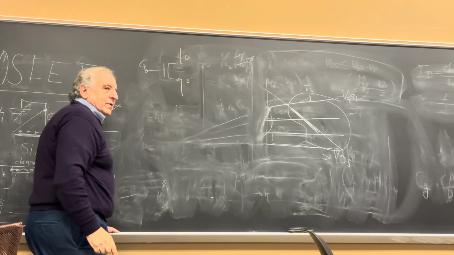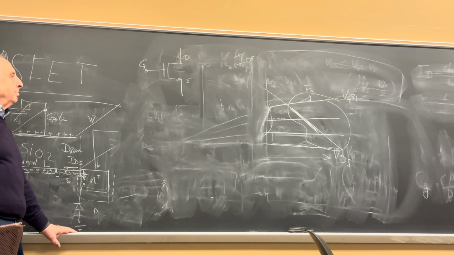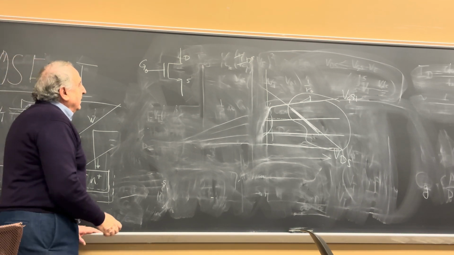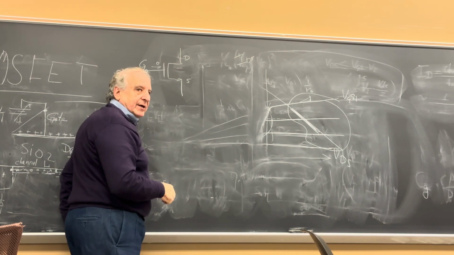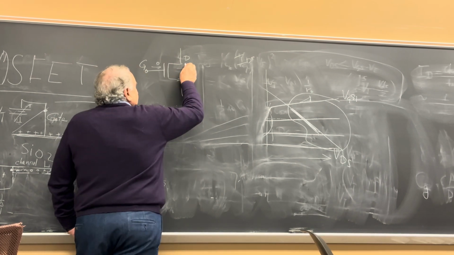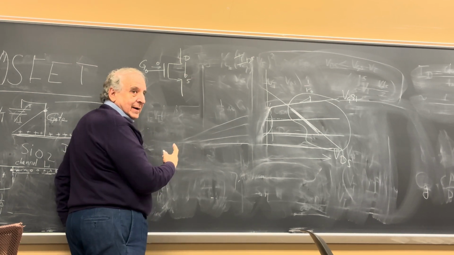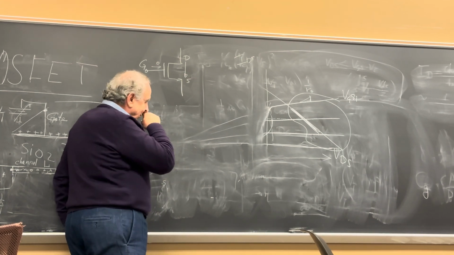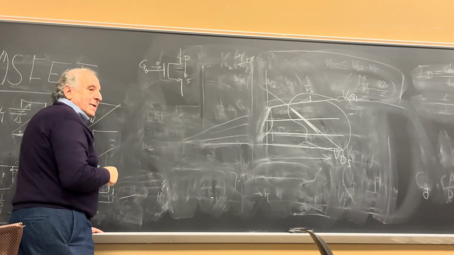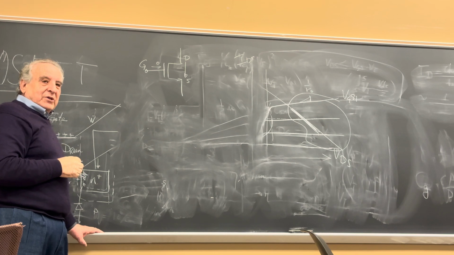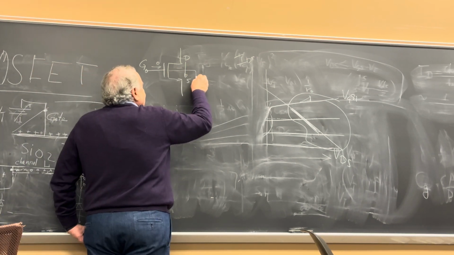The arrow is always on the source. What's this current? 0. It's a capacitor. The current comes straight from drain to source. The electrons go up from source to drain, right? Now, that doesn't show the back gate. When you see that notation, it assumes the back gate is tied to the source.